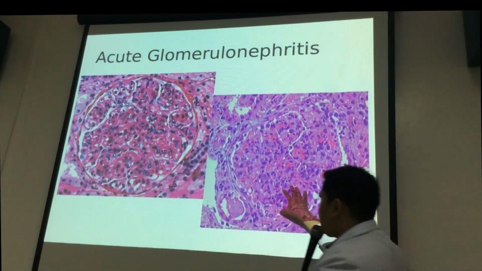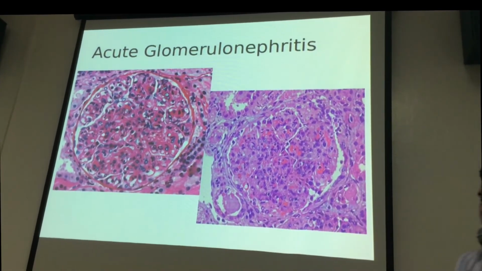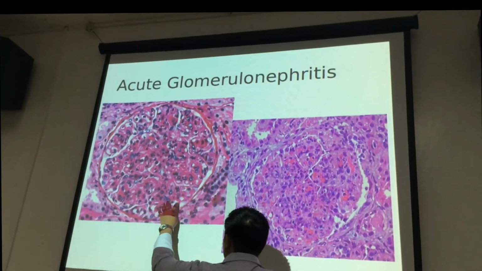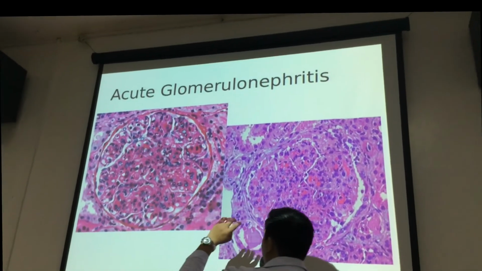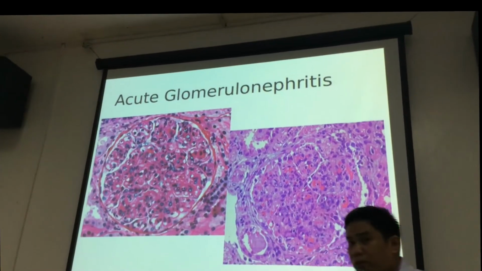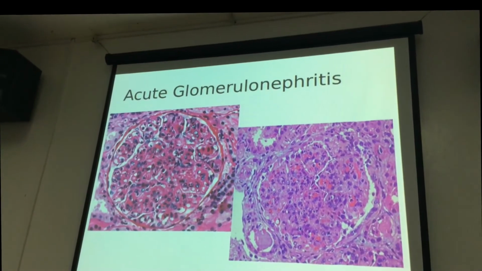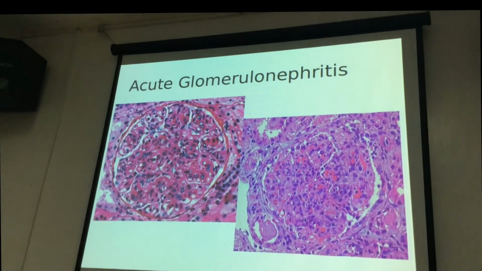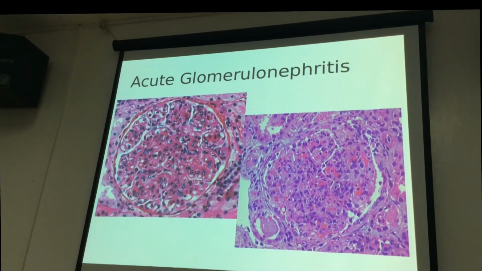So your glomerulus basically is composed of endothelial cells lining these individual capillaries. You have your epithelial cells, your podocytes, and your mesangial cells, which is the connective tissue that holds your epithelial cells and your endothelial cells.